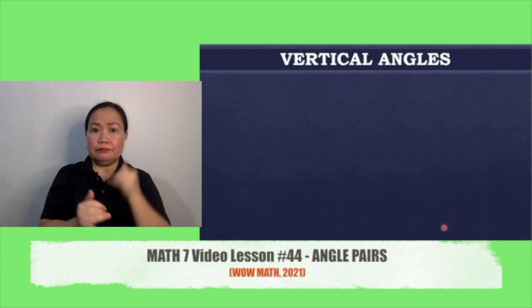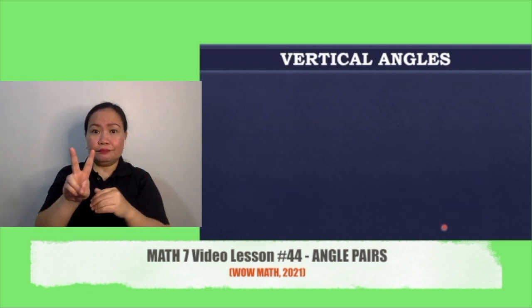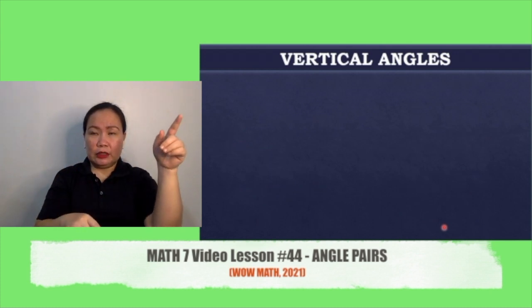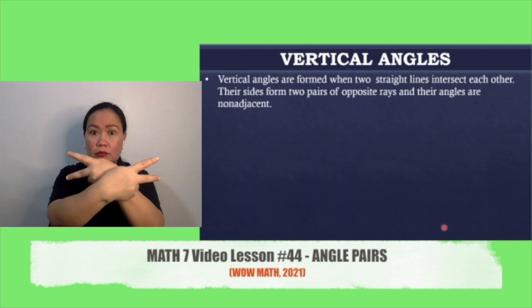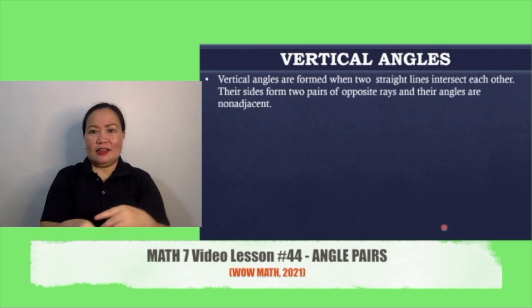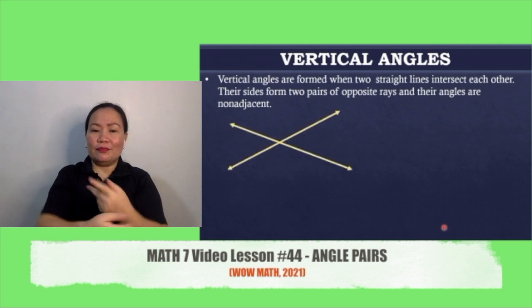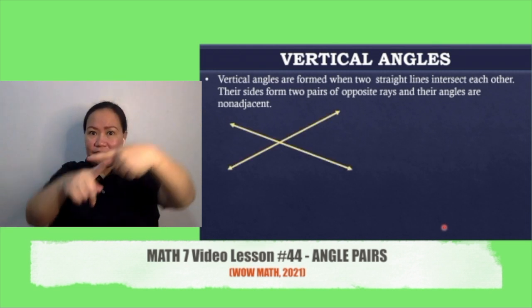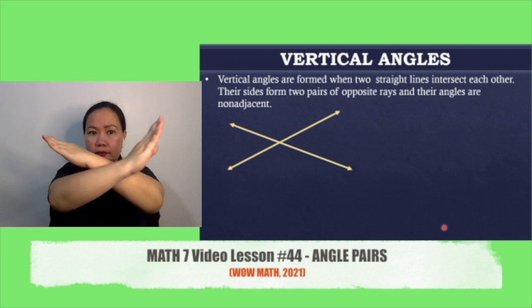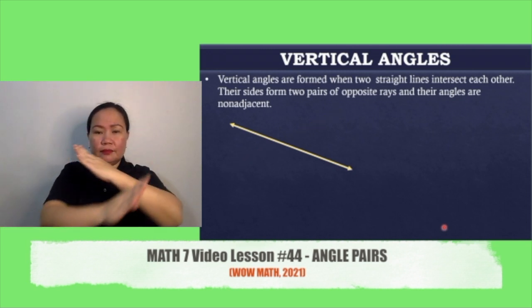Now, let's have vertical angles. So, you have already the concept of congruent angles. So, let's proceed to the vertical angles. So, vertical angles are formed when two straight lines intersect each other. Okay? So, kapag vertical angles, ito ay binubuo ng dalawang straight lines na nag-i-intersect.